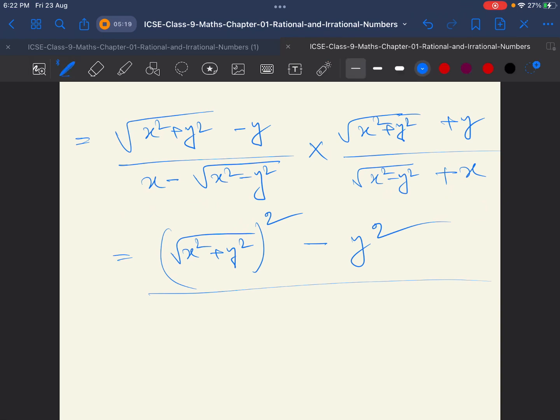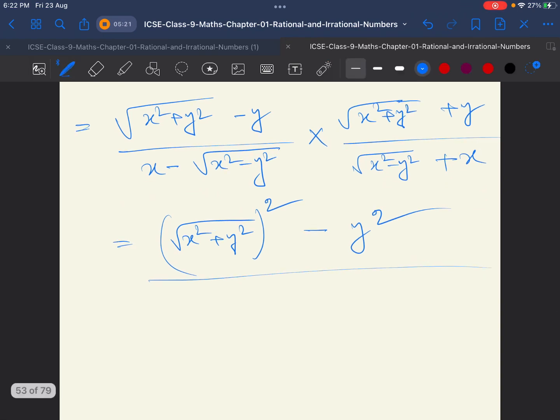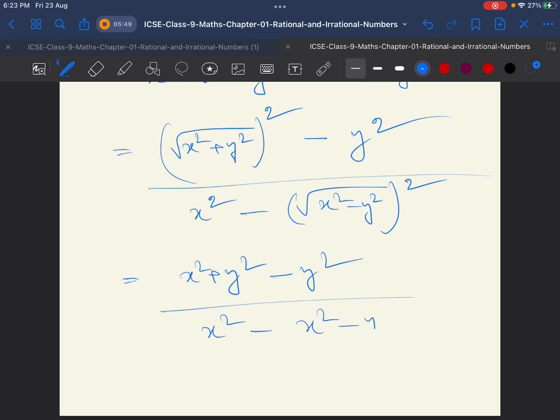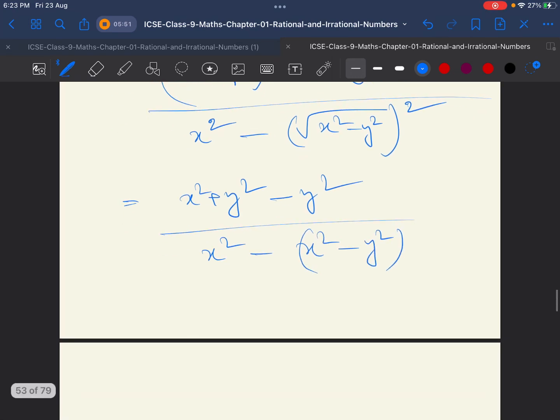Okay, so a plus b means a square minus square root of x square minus y square whole square. Now square root of x square plus y square whole square, we can write x square plus y square minus y square by x square minus square root of x square minus y square whole square will be x square minus y square.